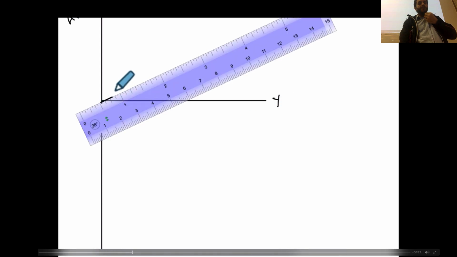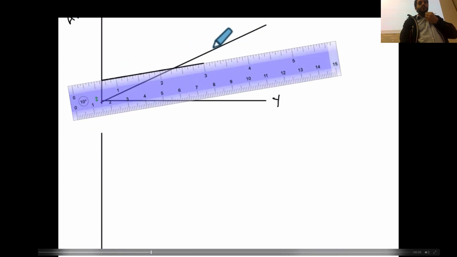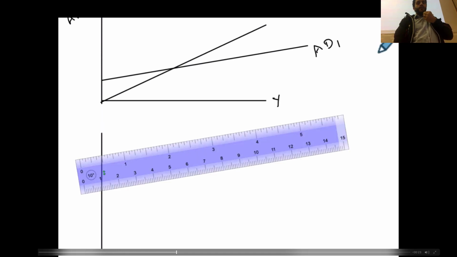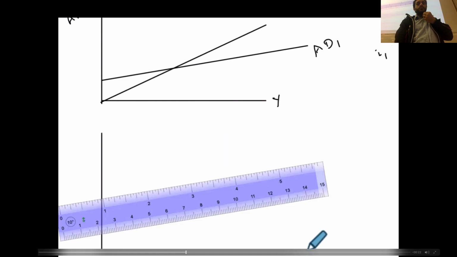In the top part of this graph, we have the aggregate demand. Remember, this is the 45 degree line, and this is the initial level of aggregate demand. At this level, let's say at a given interest rate, which I called I1.